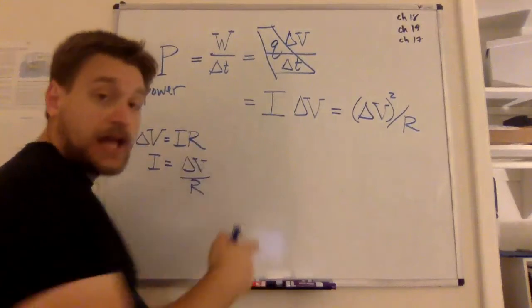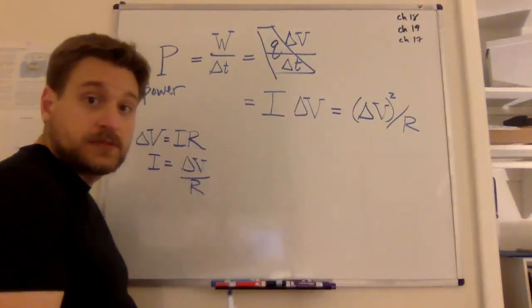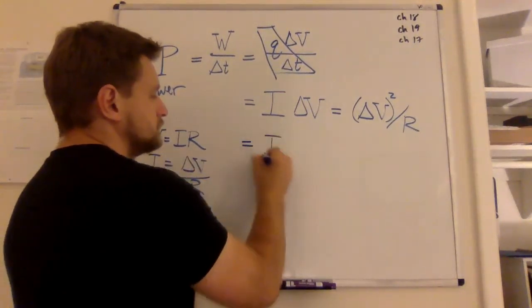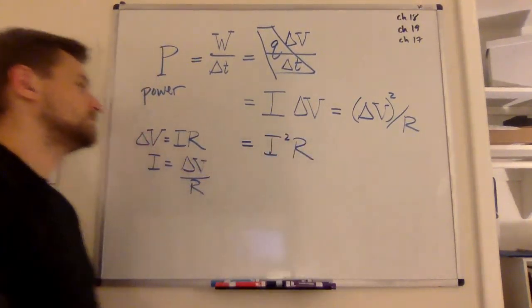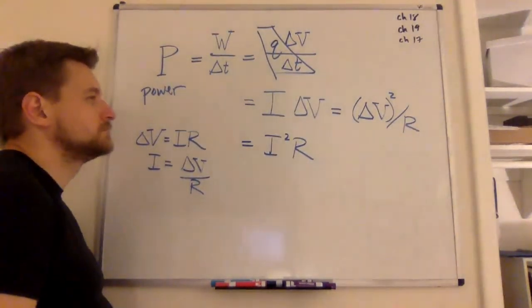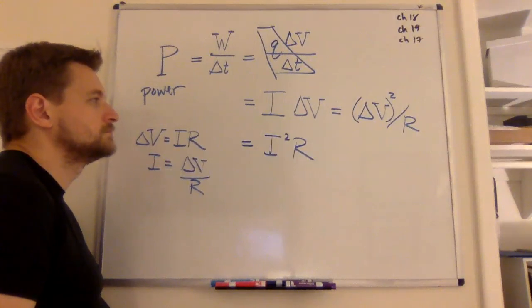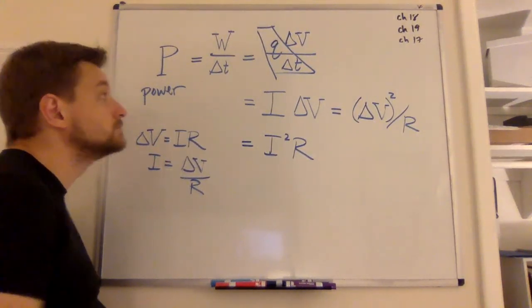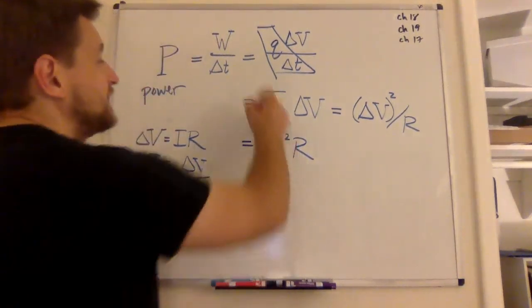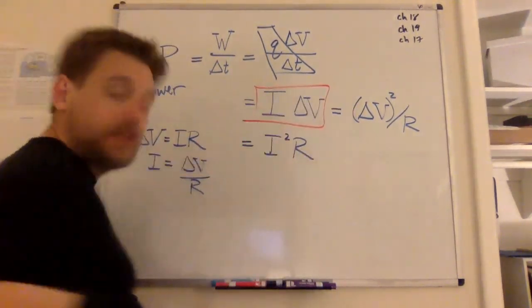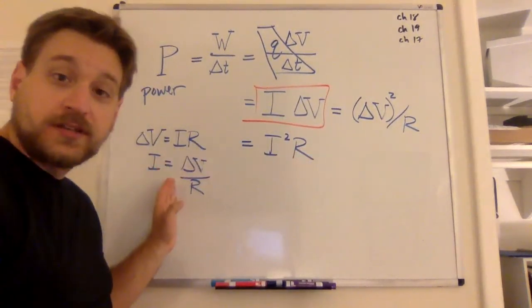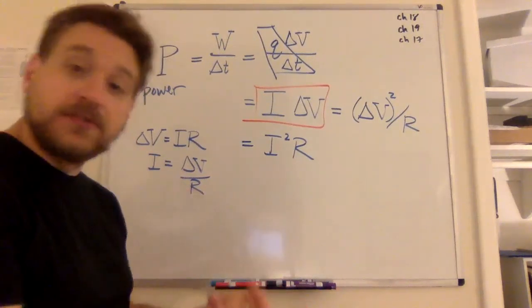Or instead, we could replace delta V with IR. Right. That's the story. This definition is true all the time. These two definitions are true for ohmic materials, ohmic electric devices.